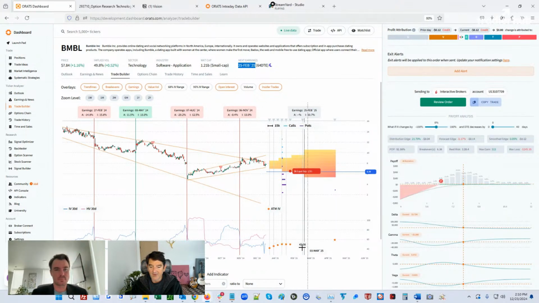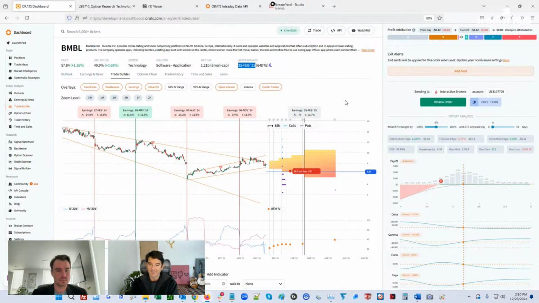So this presents an interesting situation. This is called contango, when the front month is below the back month. But I don't see a whole lot of opportunity here.